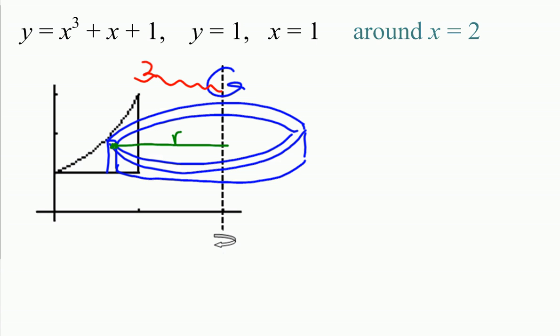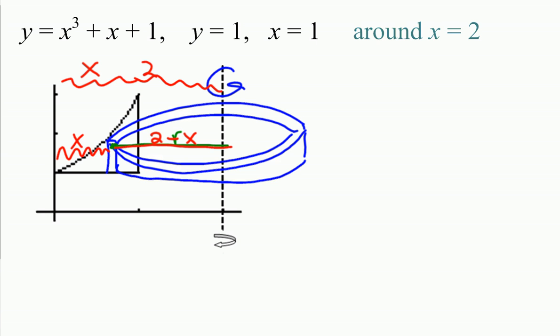And that piece is x. So if you take away x, you end up with your radius. So from here to here is just going to be 2 minus x, because this piece right here is x.